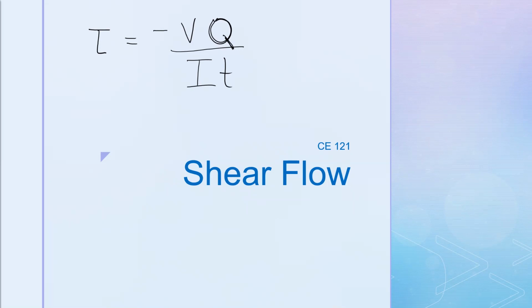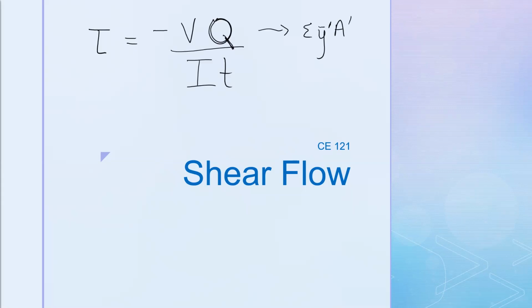Q is the geometric calculation. It's the integral of y, or we write it as the summation of y bar prime a prime.